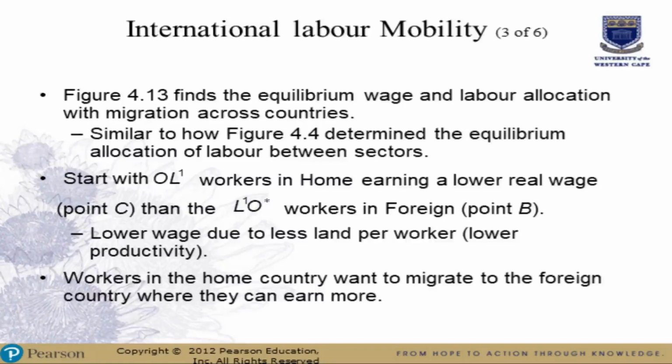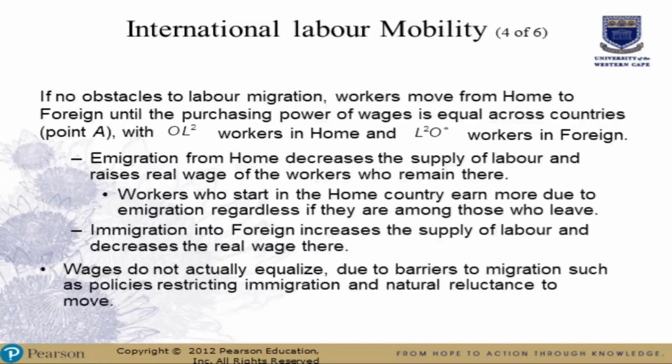Also, this figure assumes that real wages are measured on the vertical axis, starting from O, with L1 workers in the home country earning lower wages, that is point C, than workers in the foreign country, point B. Faced with such a differential, workers in the home country would be willing to migrate to the foreign country.